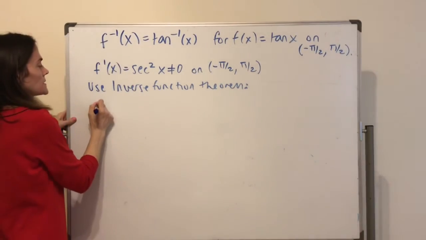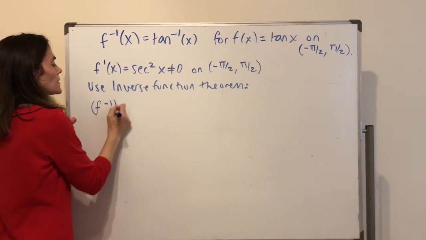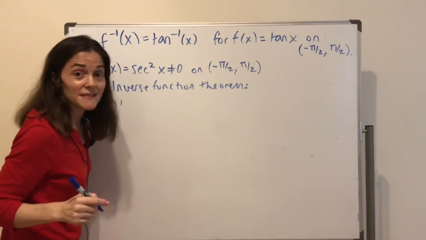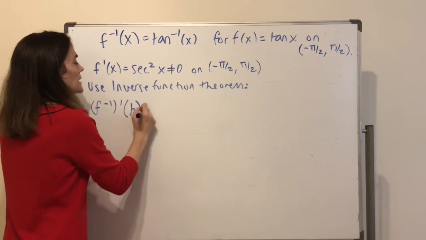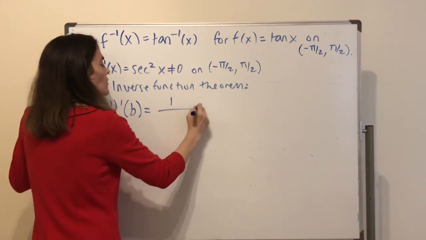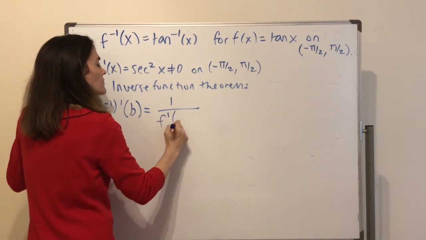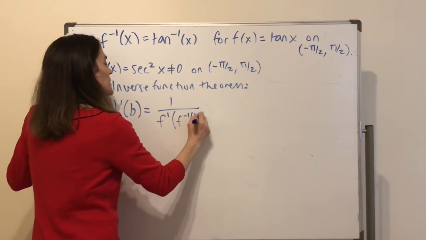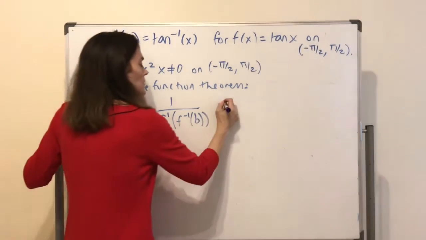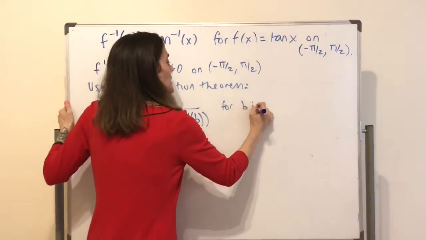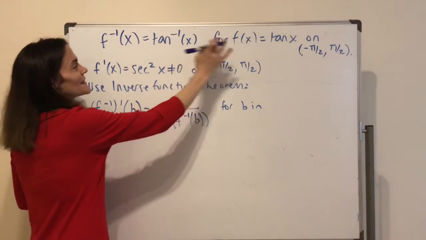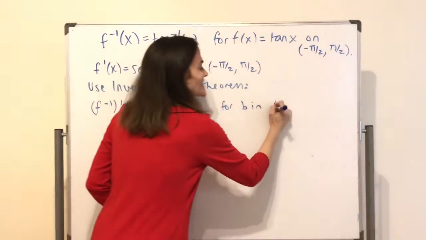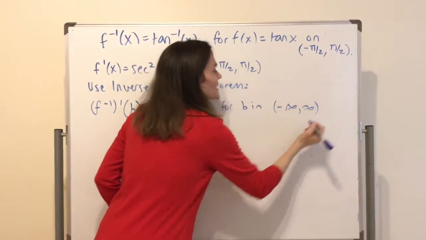We get that f inverse prime, this is the derivative of the inverse tangent at some b, is 1 over f prime of f inverse of b. And this would be for b in the image of the tangent, which is minus infinity to infinity.